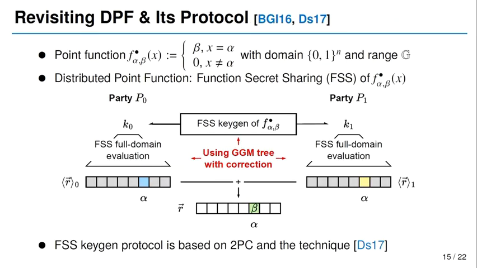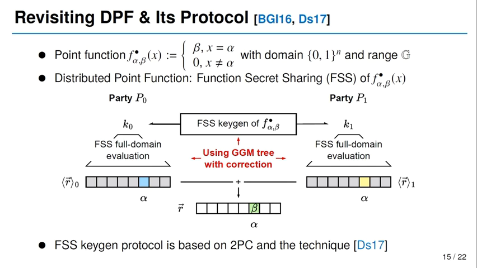Now we go to the DPF and its protocol. Here the point function f_{alpha,beta} evaluates to beta if the input x is equal to alpha. And the distributed point function is a function secret sharing of f_{alpha,beta} with the following 2 phases. In the first phase, there is a trusted dealer or a secure protocol distributing DPF keys to the 2 parties.